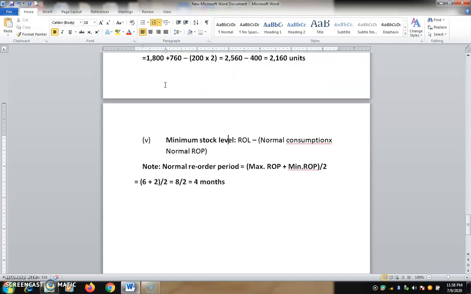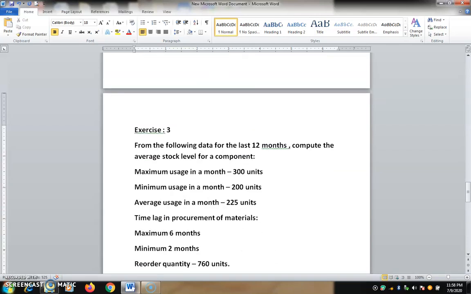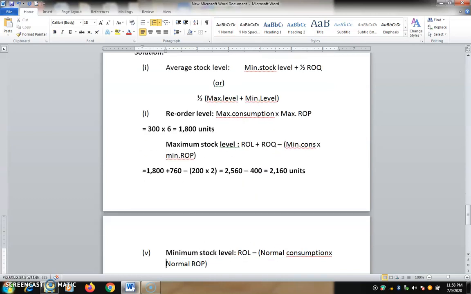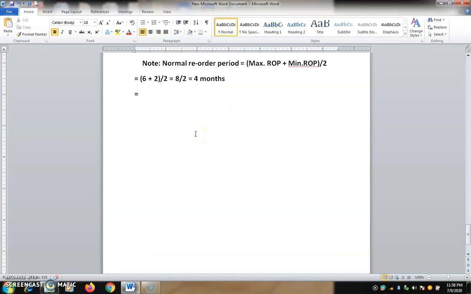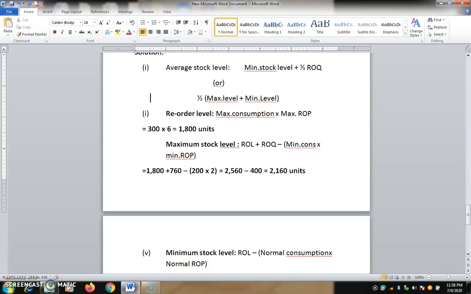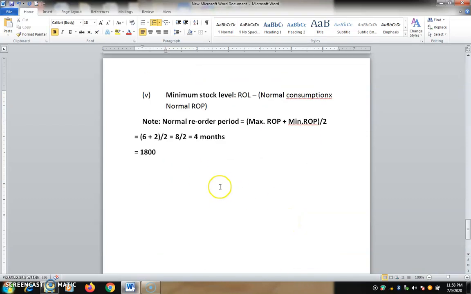So we can apply it in the formula. If you substitute, reorder level is 1800 units minus normal consumption, which is your average consumption.